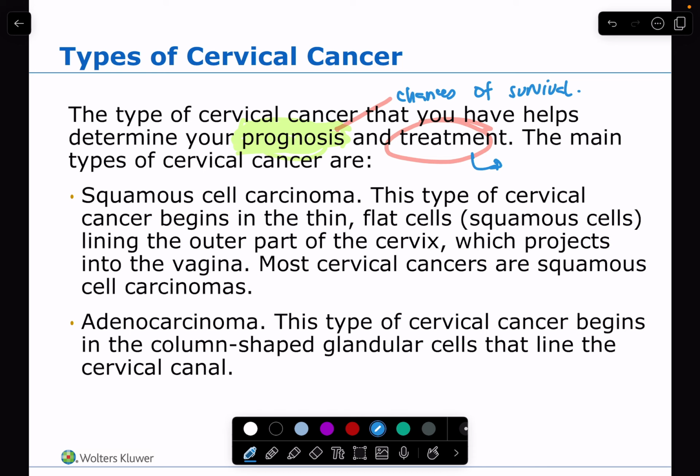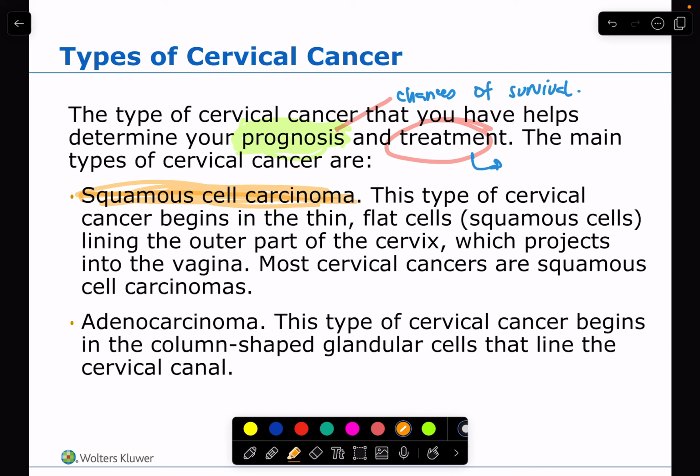Okay? So the first type of cancer in the cervix is the squamous cell carcinoma. Squamous cell carcinoma is a type of cancer that affects the ectocervix.